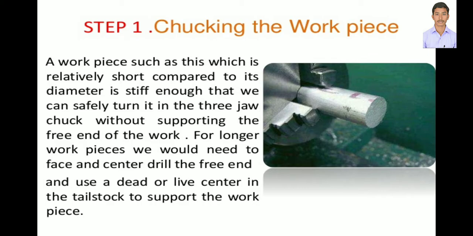So you can see the diagram, it is a 3-jaw chuck. In that 3-jaw chuck the workpiece is a cylindrical shaft, which he is fixing in the 3-jaw chuck on the lathe machine. Checking the workpiece: a workpiece such as this, which is relatively short compared to its diameter, is stiff enough that we can safely turn it in the 3-jaw chuck without supporting the free end of the work.